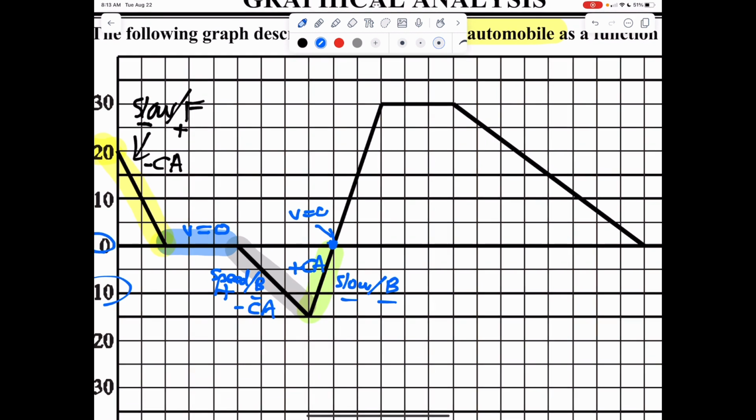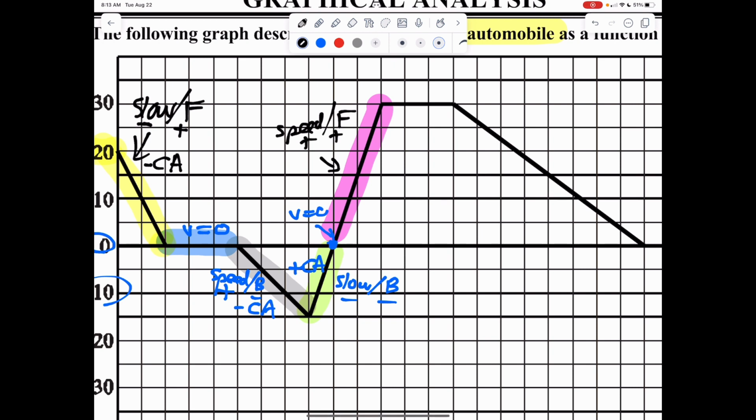Now for this section, we are speeding up from 0 to 30, and you're going in the positive direction, going forward.